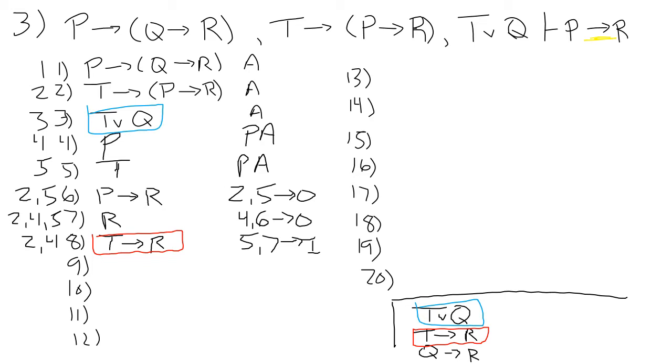Now we look to get the other conditional statement, so we'll assume Q as a PA. Here in 9, we can toss the P into 1 to get Q arrow R from 1 and 4, arrow out, 4.